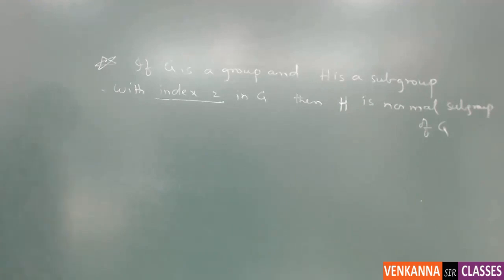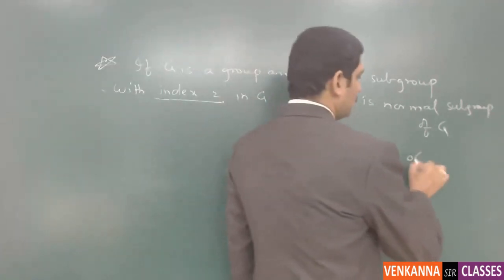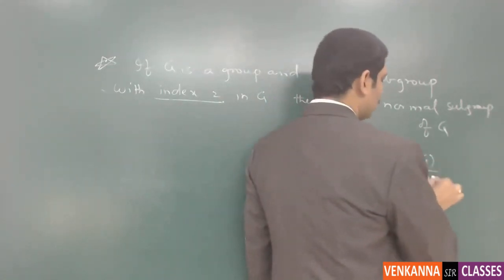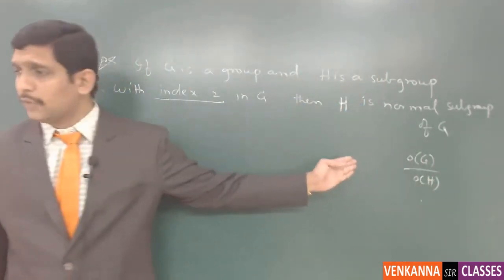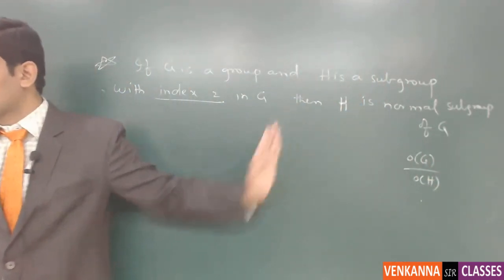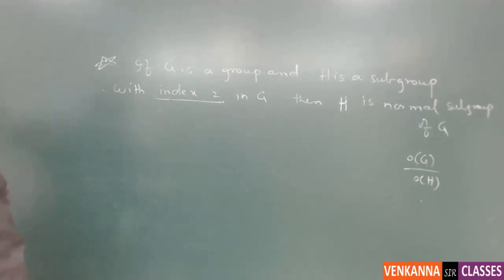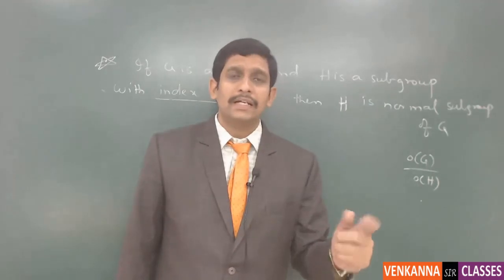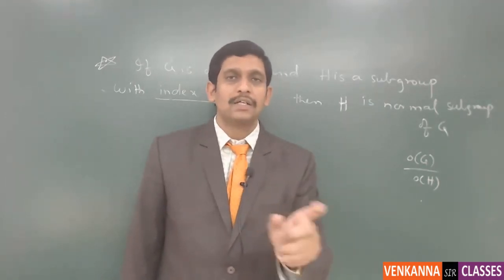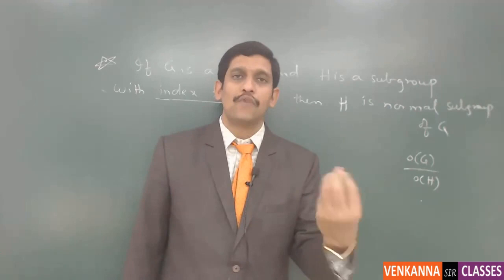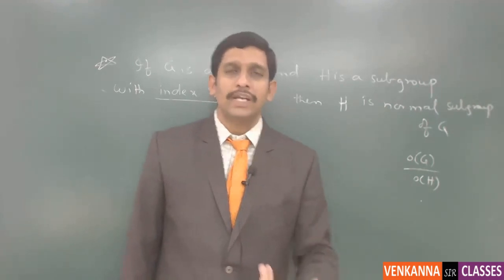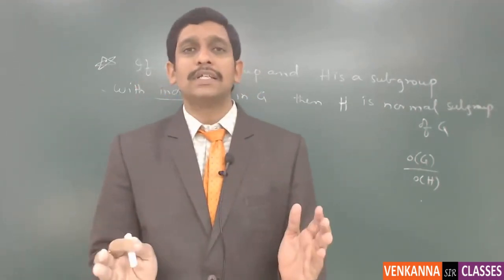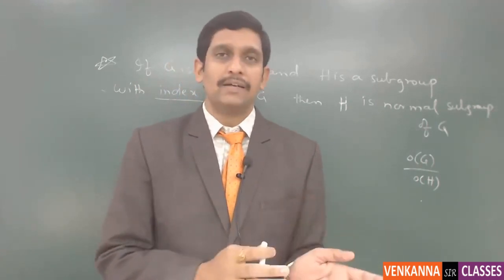Very good. Order of G by order of H. That's a nice response. From this, what can we understand? As we know, you are going to calculate the number of cosets based on H from the elements of G. After calculating the cosets, some cosets will get repeated.